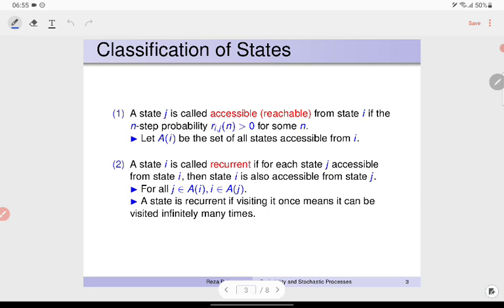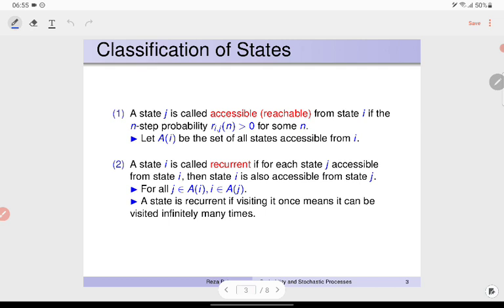State j is called reachable from state i if we can find an n-step probability r_ij(n) which is more than 0 for some n. Now let A(i) be the set of all states that are accessible from state i. That means all states reachable from i are called A(i).